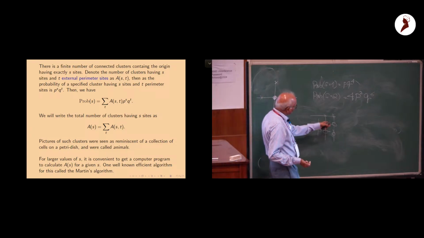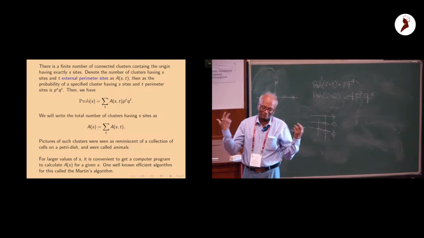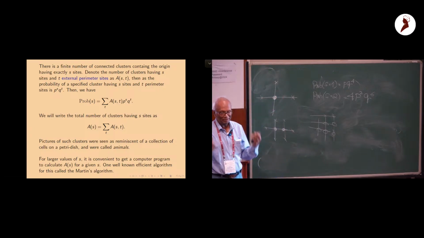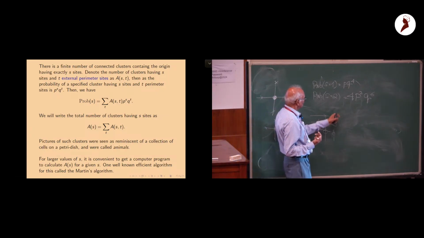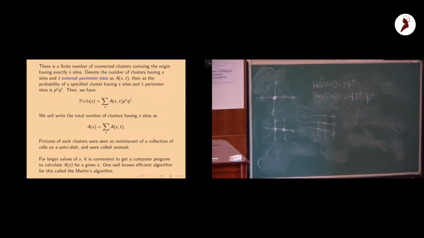The sites which are in the cluster and they are connected to the boundary are called internal boundary, internal perimeter. Okay. So right now we are looking at external perimeter, and so if the external perimeter is T, then the weight is P to the power S, Q to the power T, it's a polynomial, and A S T is the number of clusters with exactly S sites and exactly T perimeter sites. Okay. And sometimes we like to sum over T and just write A of S, I don't care what is the perimeter, just the total number of clusters of size S.